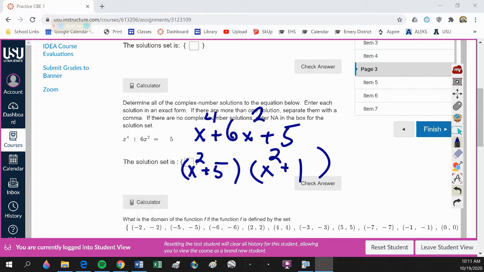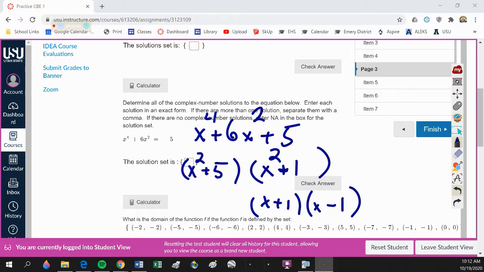You can either factor them or you can just solve them. If this was x squared minus 1, how would it factor? x plus 1 and x minus 1. When I change that to a plus, what happens? It's still x plus 1 and x minus 1, but now we put an i next to those.